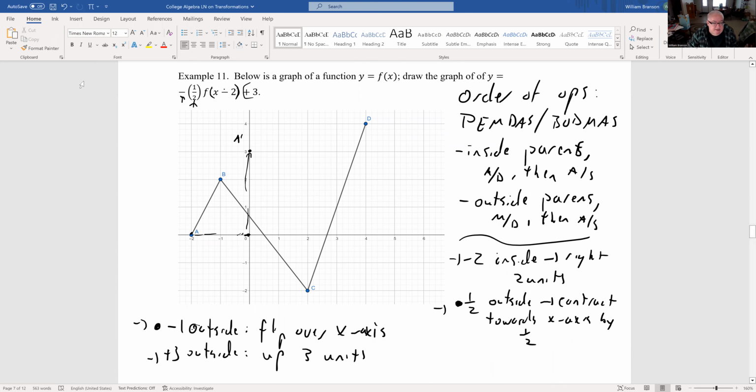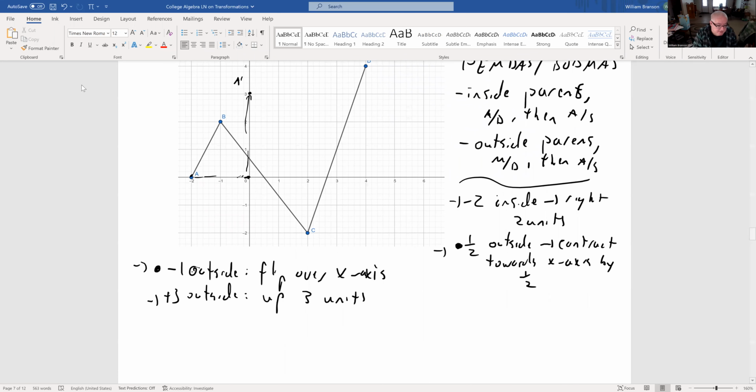And we can be a little more detailed about that because A starts at -2, 0. So right 2 units would move it to 0, 0. And it changes the x coordinate.